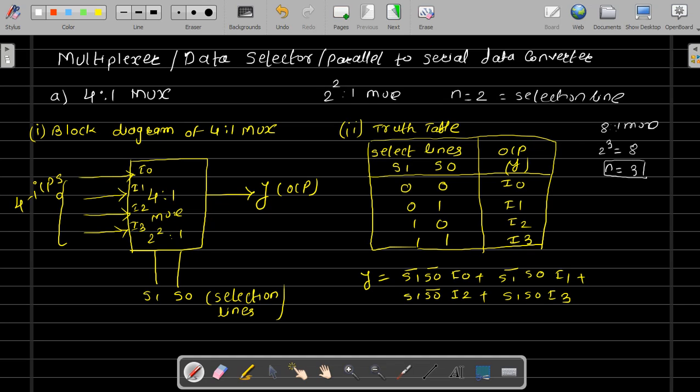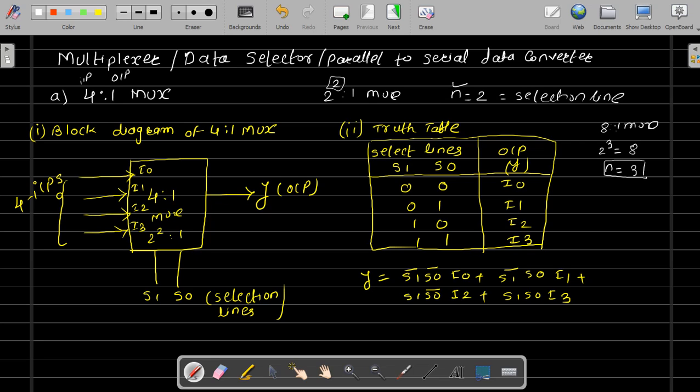Now, as I am discussing the 4:1 mux, I am drawing a block with 4 inputs, 2 selection lines required, and 1 output. This is the input, this is the output, and this is your selection lines. I have named the inputs I0, I1, I2, I3.